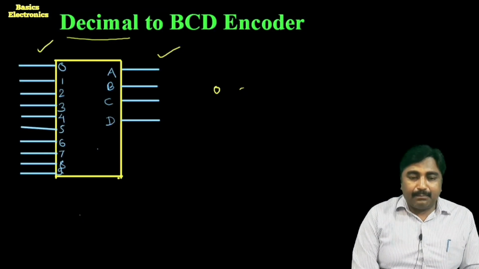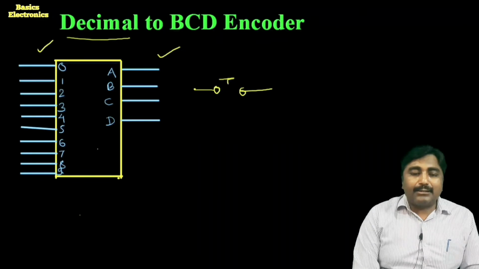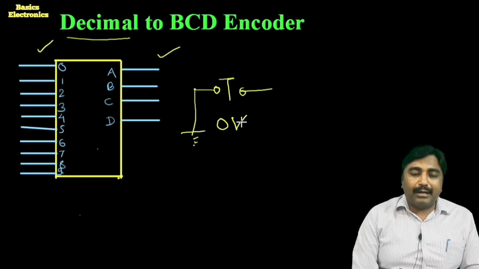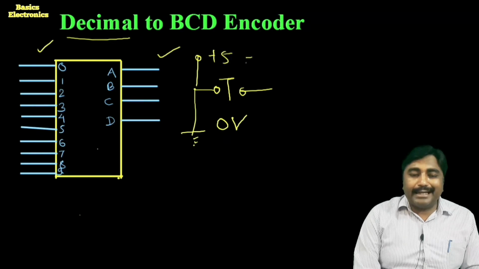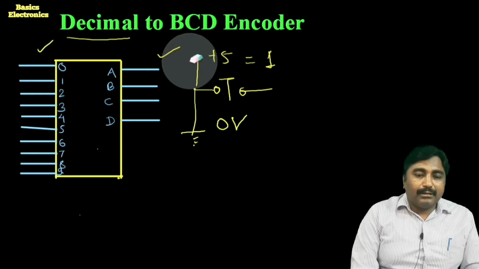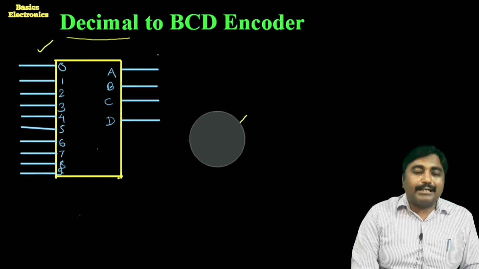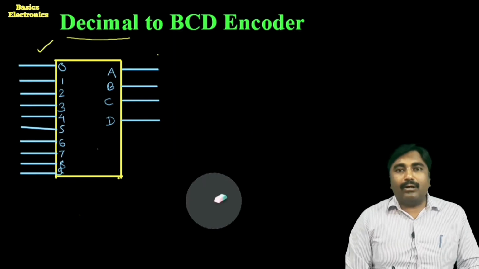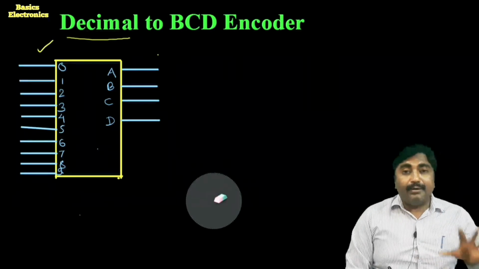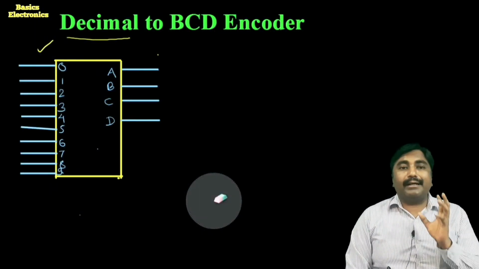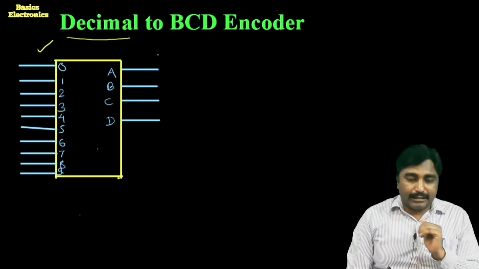If we are using one switch, it is connected either to the ground, meaning we apply the logic low level, or to the plus 5 volt, which gives a logic 1 level. The switch can be connected to the logic high level or the logic low level depending on what type of gate we use for the construction.